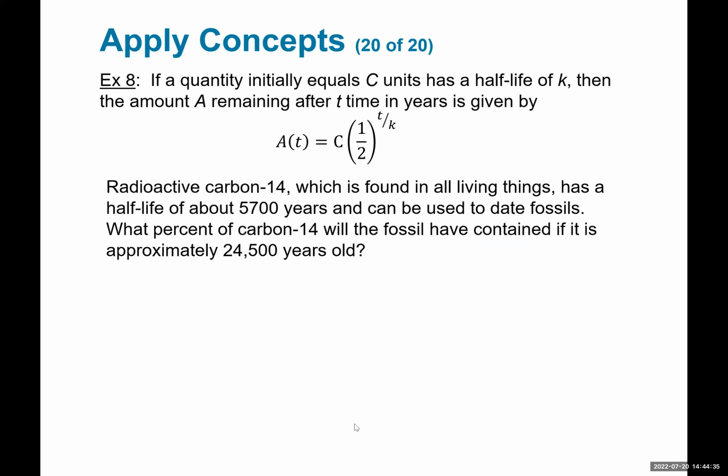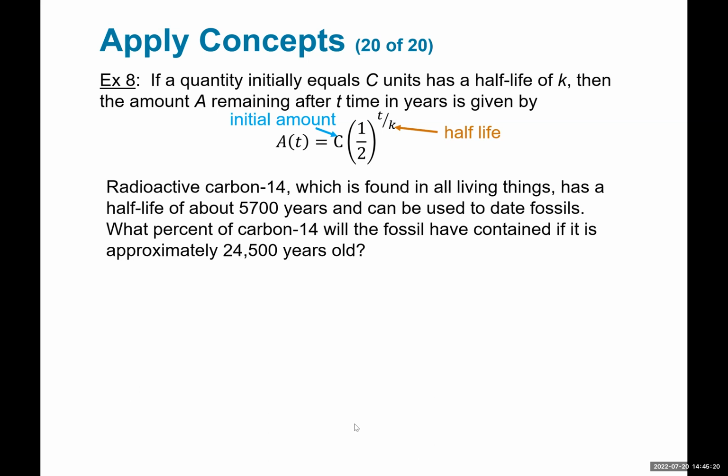All right, last example. If the quantity initially equals C units and has a half-life of K, then the amount remaining after T time in years is given by this equation. Radioactive carbon-14, which is found in all living things like you and me, has a half-life of about 5,700 years and can be used to date fossils. What percent of carbon-14 will a fossil have contained if it was approximately 24,500 years old?